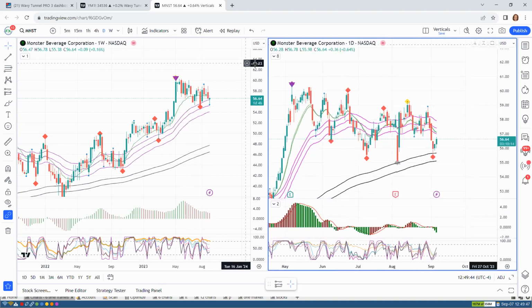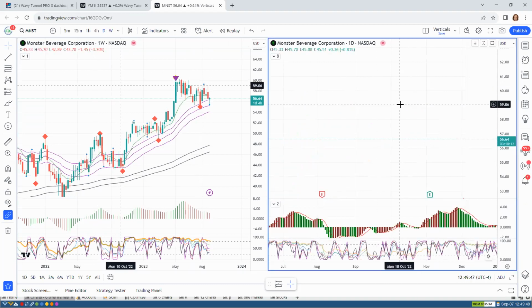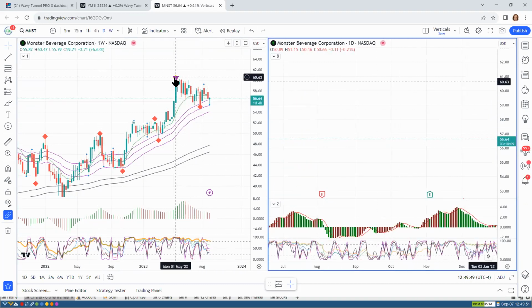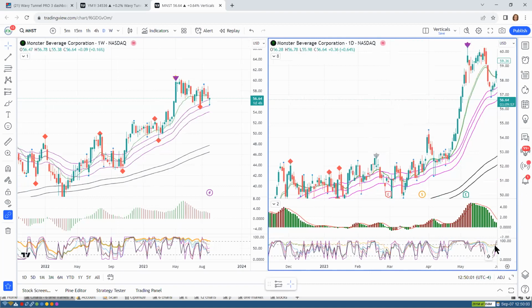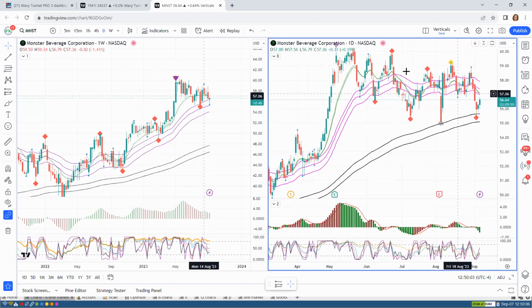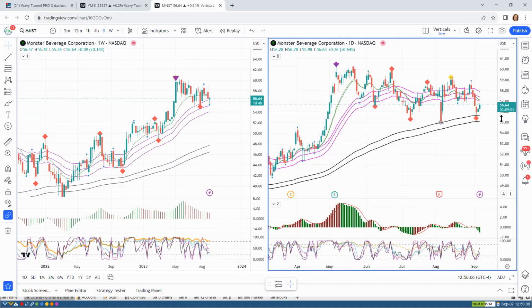MNST. Well, I have the weekly and the daily on here. So this is where we talked about the purple being stretched. Now we're into the wave again. So now let's look at the daily, which is good. It's not stretched anymore. We've had some kind of a correction, and this is beautiful on the daily because we have the purple, and then the market came all the way back down into the tunnel. So same story here with this one.